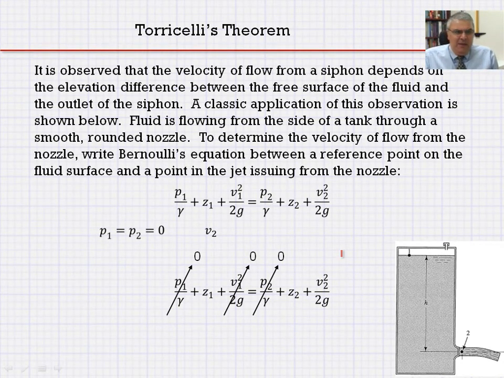When we have a flow with certain velocity and it flows from a siphon, of course that flow would depend on the elevation difference between the free surface of the fluid and the outlet point. In this case, that is point 2. So this is point 1 up here.